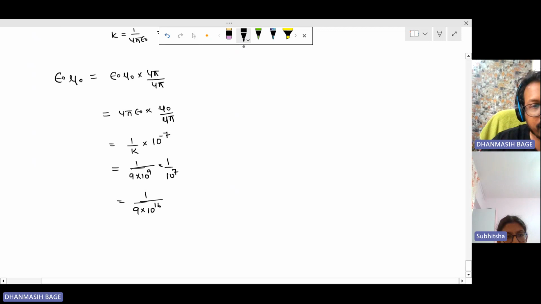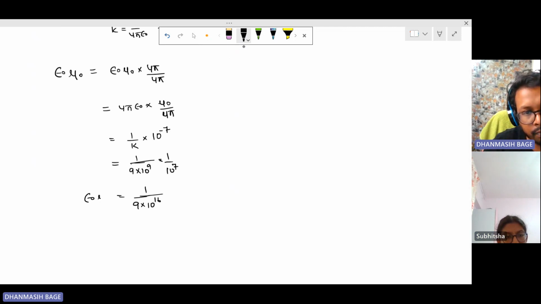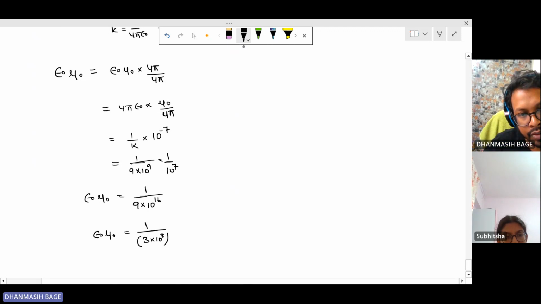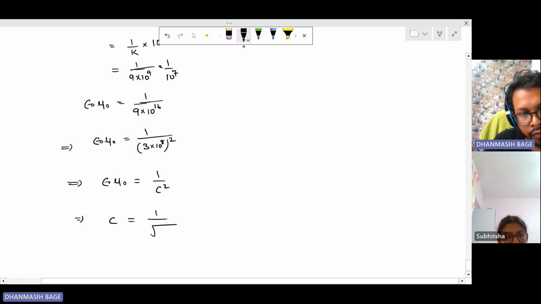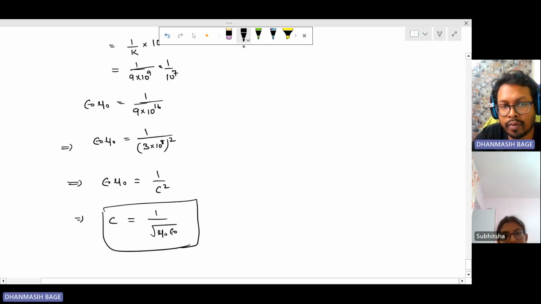Or we can write epsilon naught mu naught is equal to 1 by 3 into 10 to the power 8 square, which is the speed of light. Epsilon naught mu naught is equal to 1 by c square, that is, c is equal to 1 by root over mu naught epsilon naught. This is the relation between epsilon naught and mu naught.